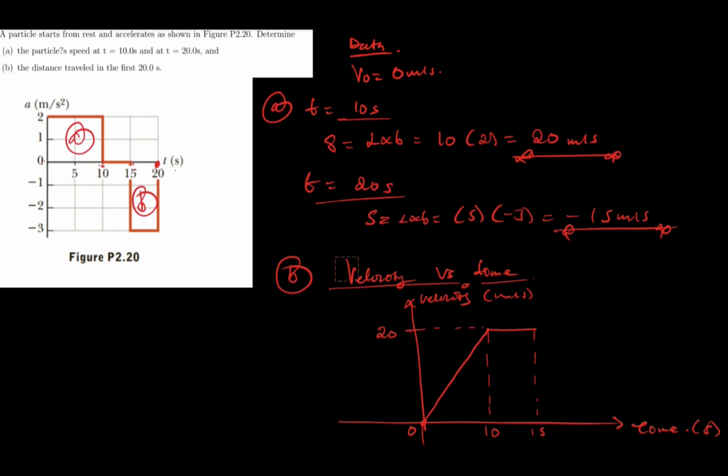And then from 15 to 20, the velocity dropped. So from this point, it has to drop by 15. So if I say 20 minus 15, that will give me 5. So it dropped to 5 meters per second at that point there.